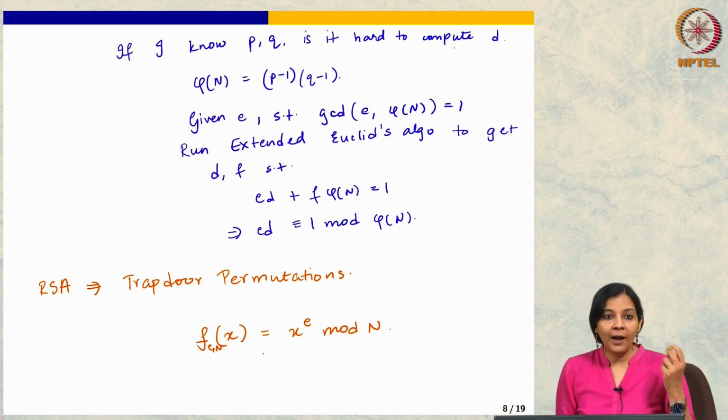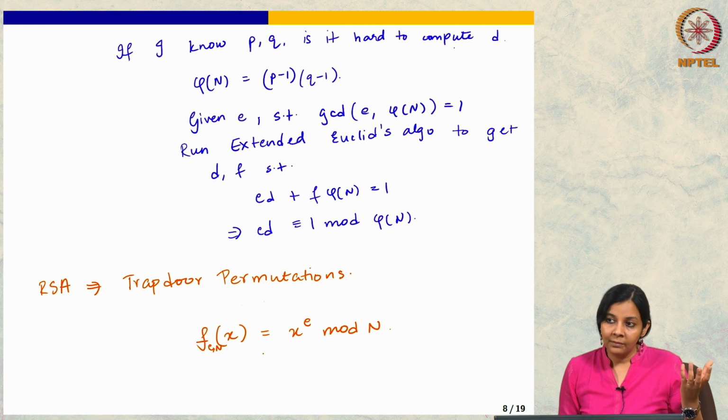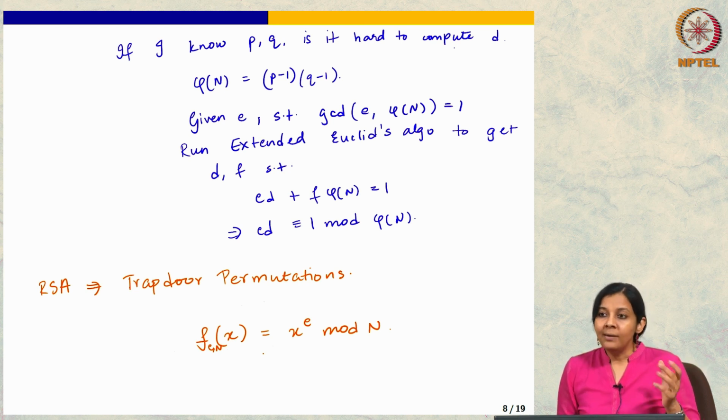So this is kind of capturing the hardest problems in the class NP. If you do not know what NP is, it does not matter, but it is capturing the maximally hard problem in some sense. So why do we not use those for cryptography? One reason is that we do not know how to generate instances of the hard problem.